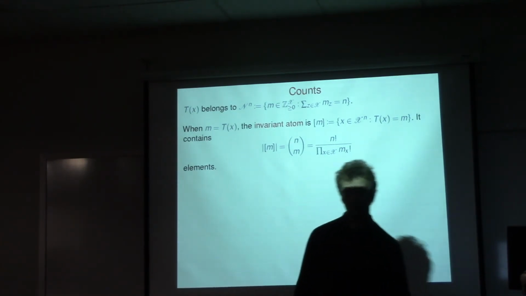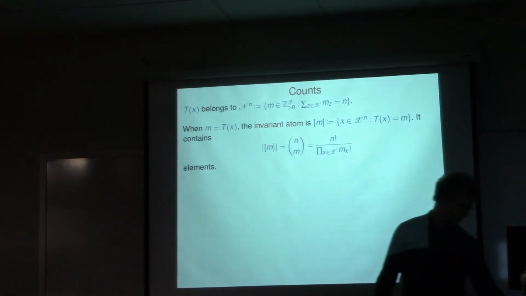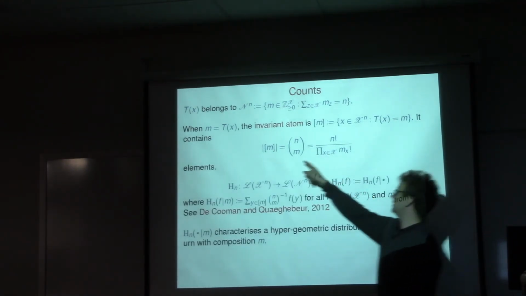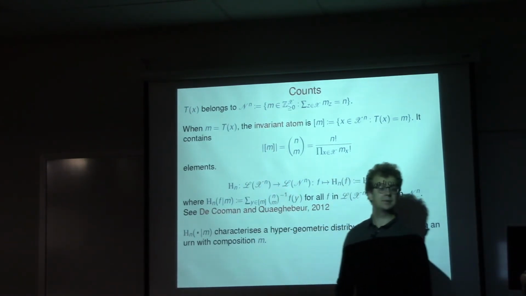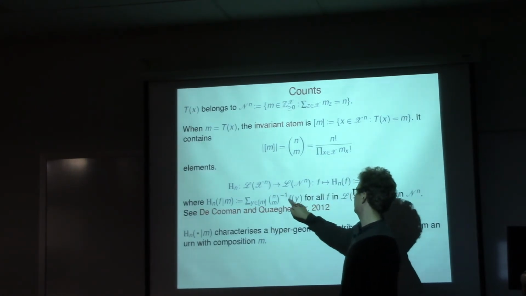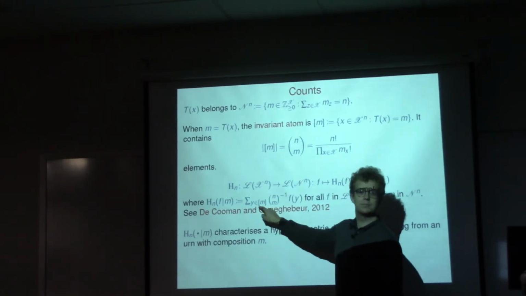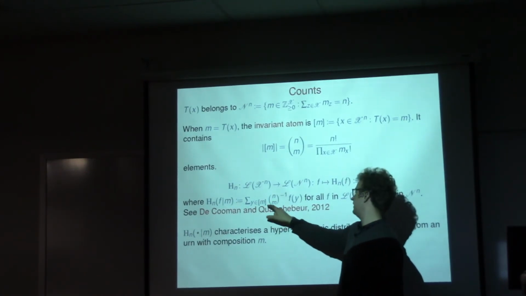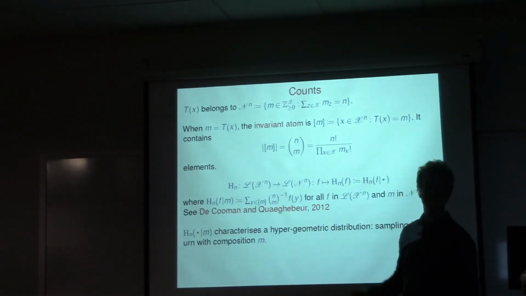And now, quite interestingly, if I apply the uniform expectation over this set, I fix a count vector m, and I apply the uniform expectation to it. It's this thing. For every gamble, I sum over all the possible y's, all the possible invariant atoms, and the mass is of course 1 divided by the number of elements.